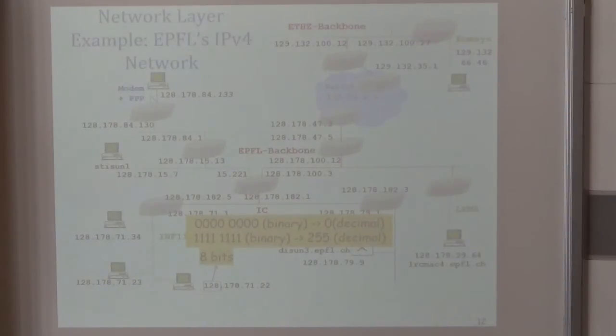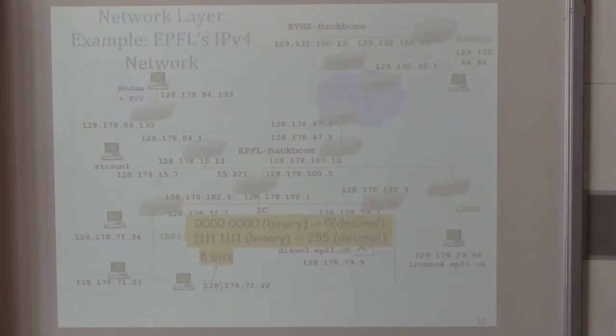But we will sometimes need to flip between the representations in our head. For example, 128 means a number of 8 bits, which is 1 followed by 7 zeros, right? And similarly for 178, 71, 22.